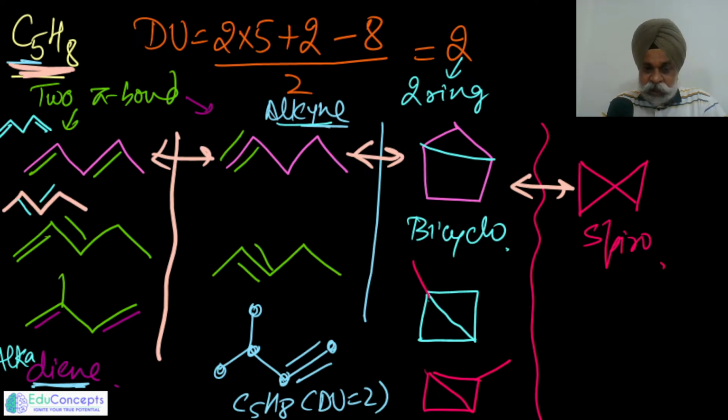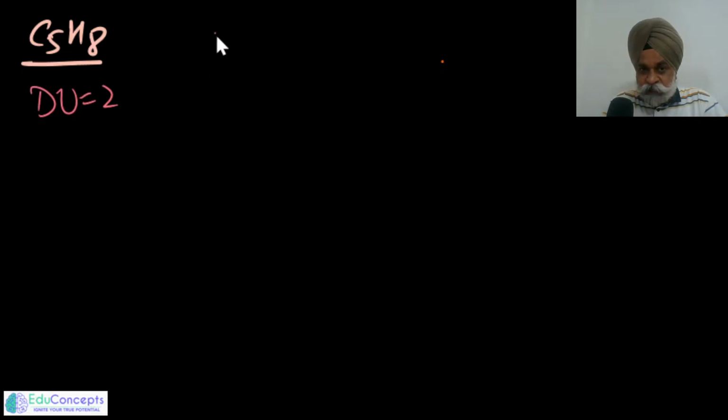Fair enough. And here I can also make one more. Just hold on. If I could make C5H8 into this, DU is 2, so you can create 1 pi bond and 1 ring also.